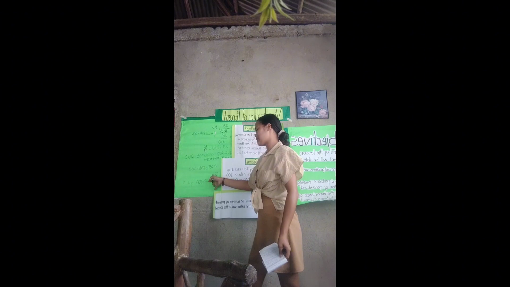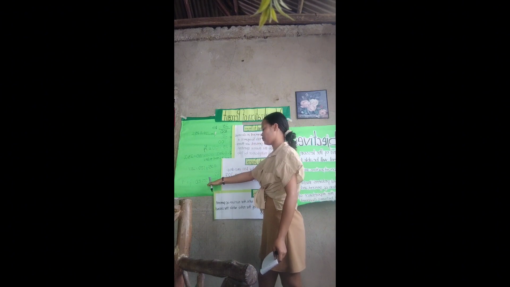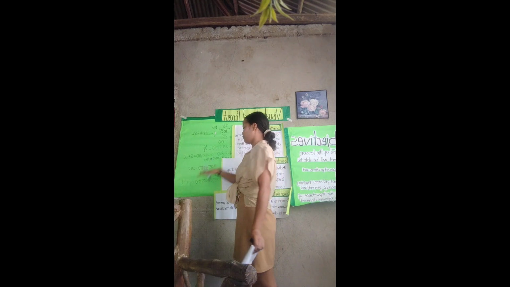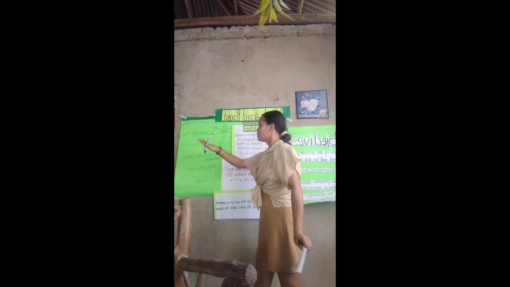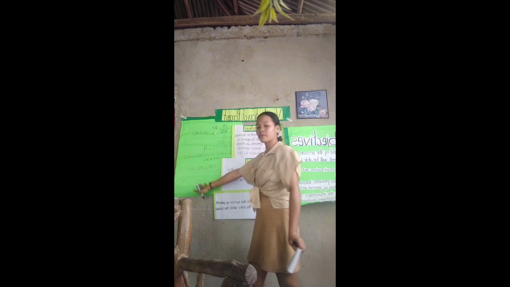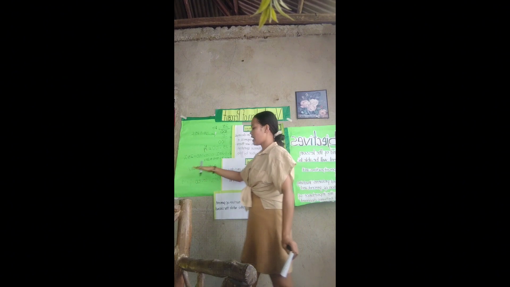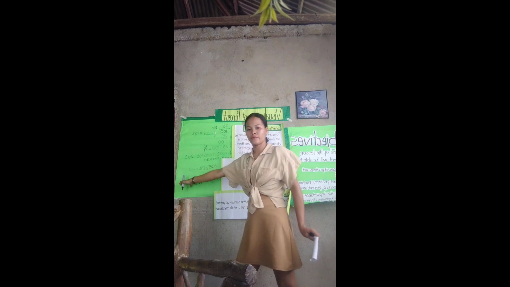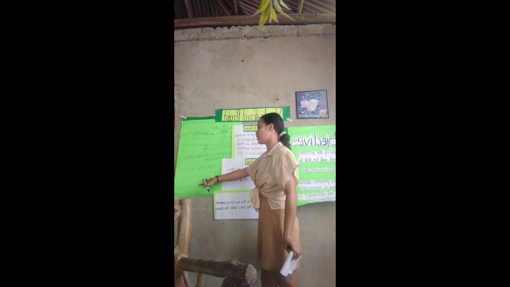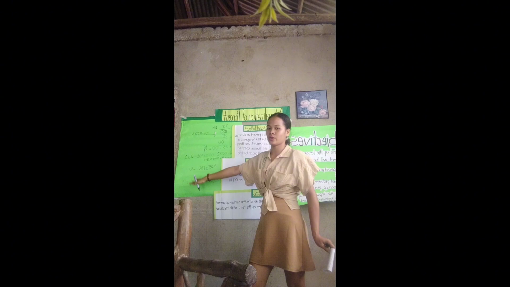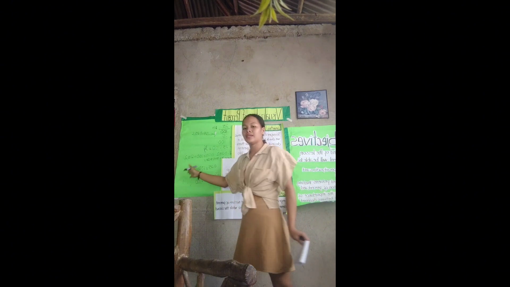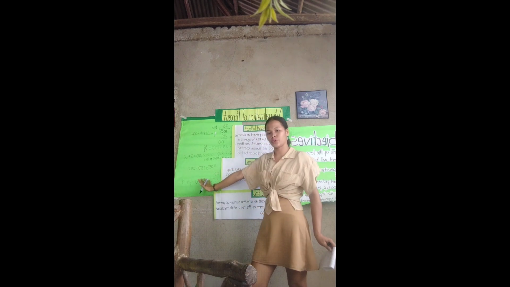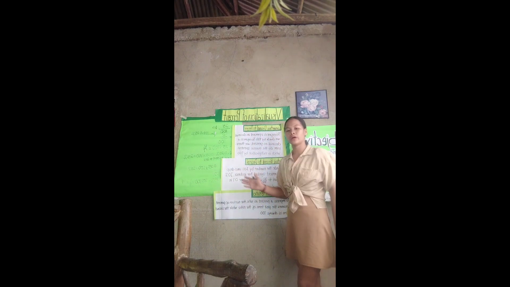So 25%, we convert percent over 100, and then we divide the numerator by the denominator, and we have the ratio of 1 to 4. Since 25 divided by 100 is equal to 1/4, we can convert it into a ratio, 1 to 4, or 1/4.